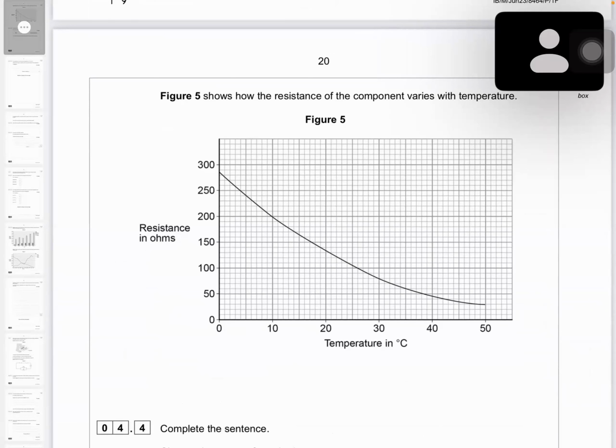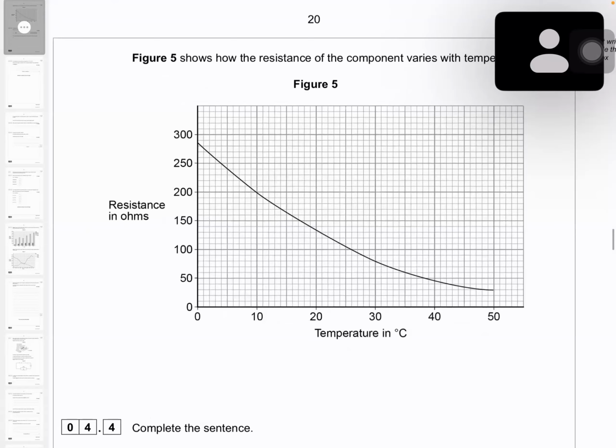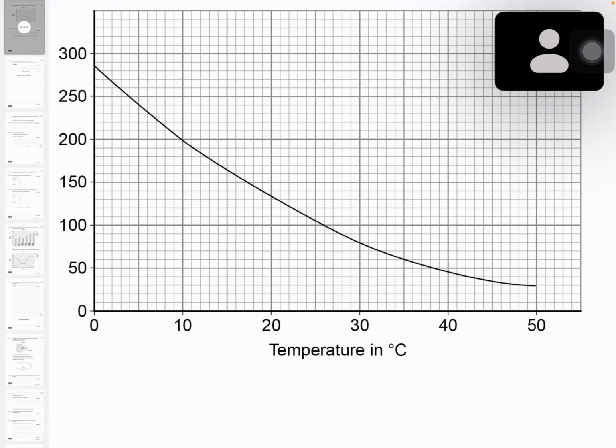Okay, I can't really hear you, but if it agrees with what you're saying, let me see. 10 touches the graph at 200 ohms, and 30 touches the graph at what's that? 50, 60. Okay, you're making it larger. Okay, that's fine. 50, 60, 70, 80. Okay, that looks like 80 to me.